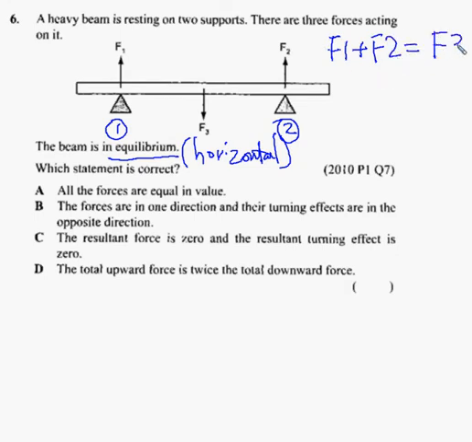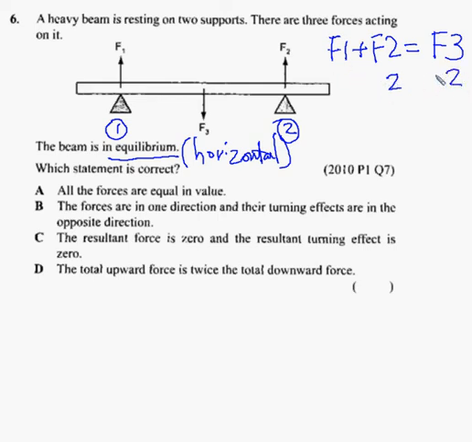This is what we can derive from this diagram. So the forces supporting the beam are equal to the weight of the beam, which is F1 plus F2 equal to F3. All forces being equal in value is not possible, because if I say that F2 is 2, then F3 cannot be 2, correct?